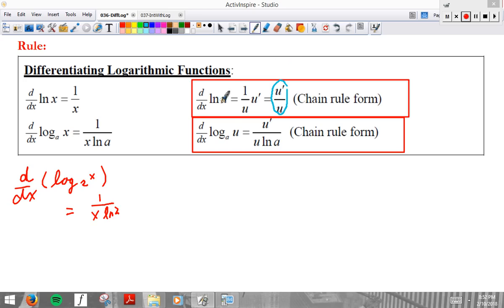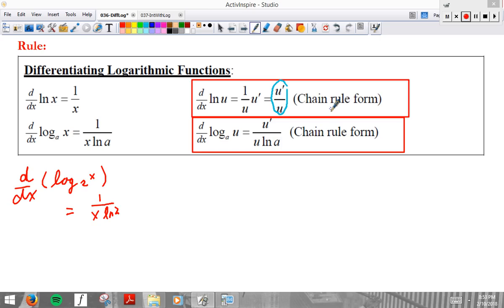So we keep the inside, we put the inside, u. This is whenever the inside of the log is more complex. Just put that inside right in the bottom. And the top is the derivative of the inside. Same thing here, u prime over u with that extra bit, because that's its formula.